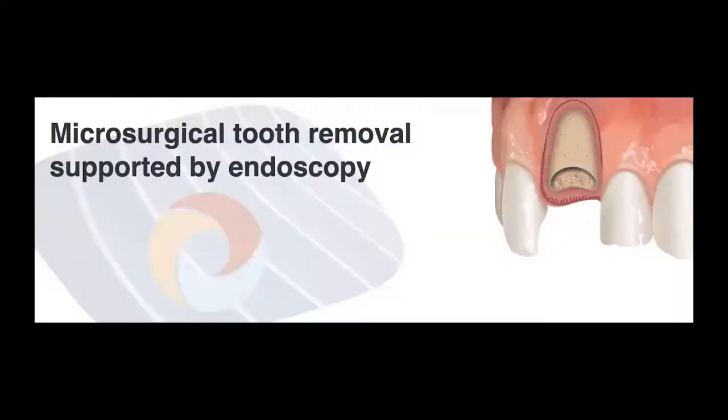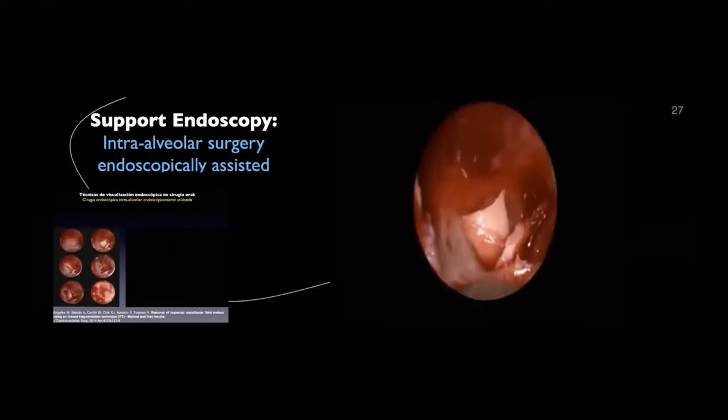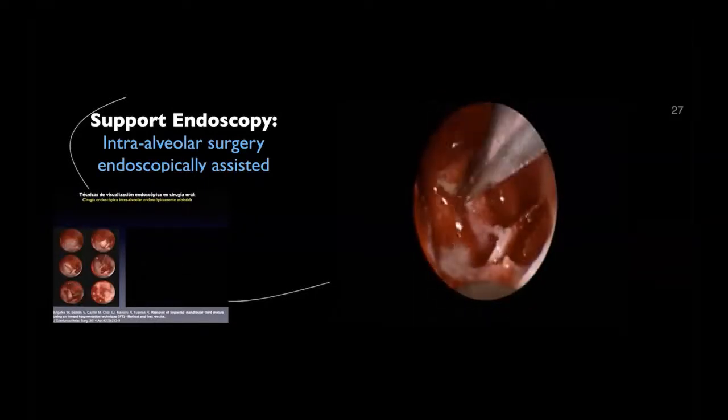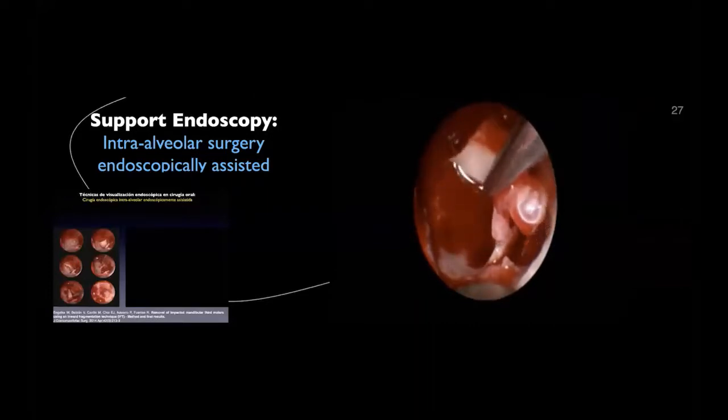Okay, now briefly, I will describe some examples of this technique in routine practice. In this clinical case, I want to demonstrate how endoscopy can be an aiding tool. In the first place, it is able to visualize radicular fragments in the depth of the sockets under high magnification.